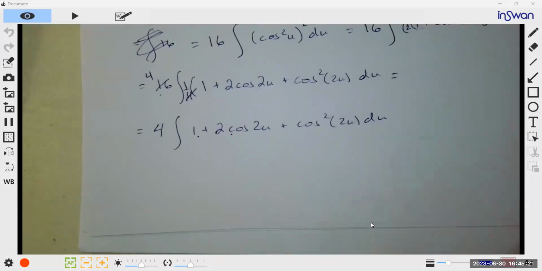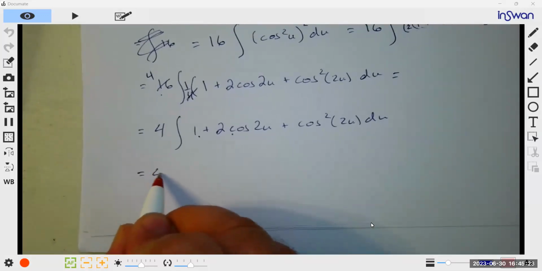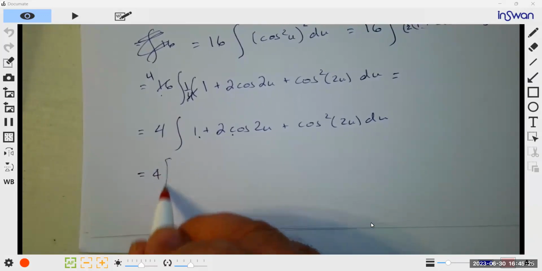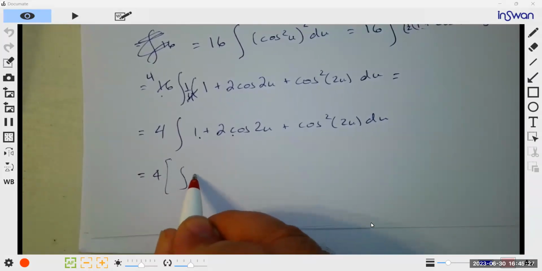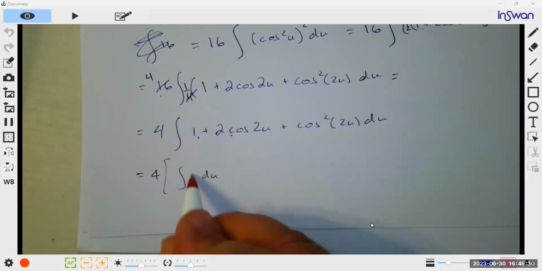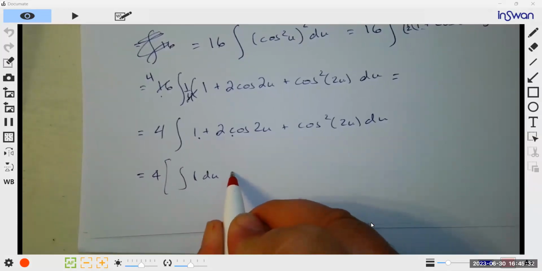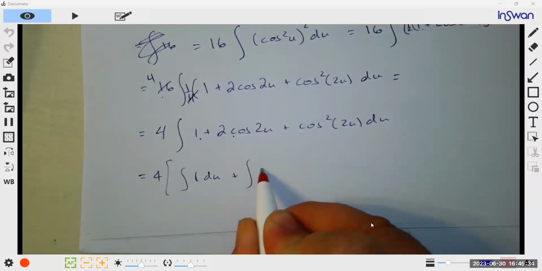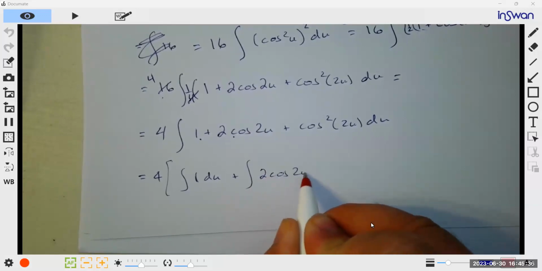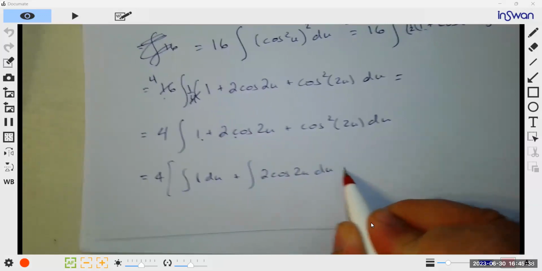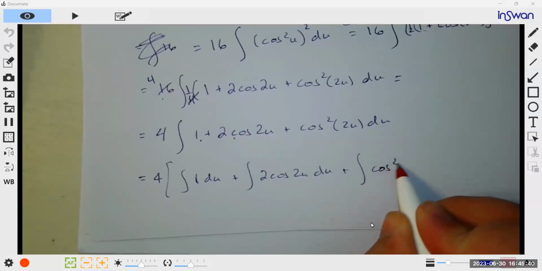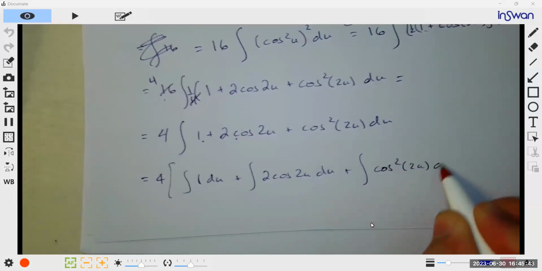Let's take each one of them separately. So it's going to be the integral of 1 du, 2 cosine 2u du, cosine squared 2u du.